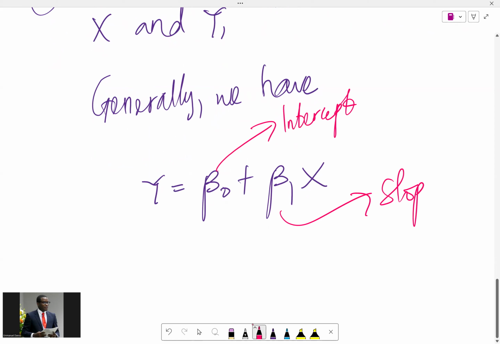And like we know, the intercept gives us, if you're talking about salary, if for instance Y is about salary and maybe X is the amount of hours you spent working, something like that, beta naught means that even before you start working at all, once you show up at work, you have already earned beta naught.